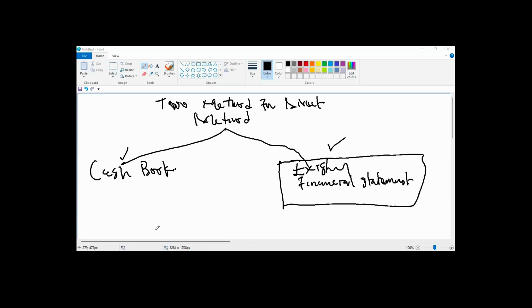So we will take a question to illustrate our position. Let's go to Dixie. Dixie asked me to calculate, which is question 5, Dixie Nigeria Limited. He said, prepare the statement of cash flow for Dixie in accordance with the standard, using the indirect method. But we will not use the indirect method.